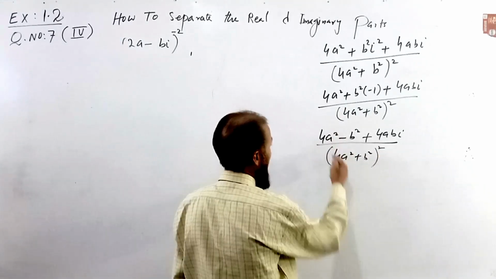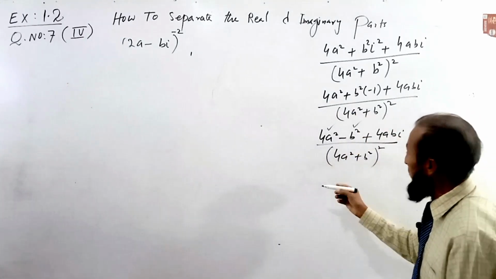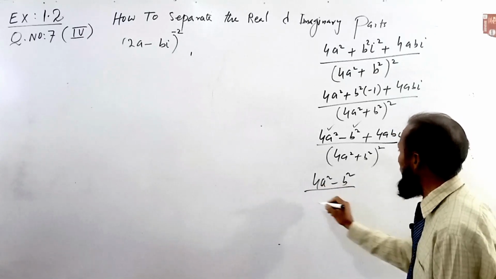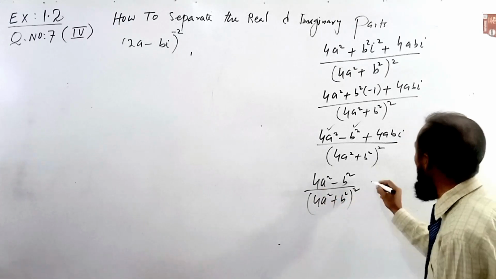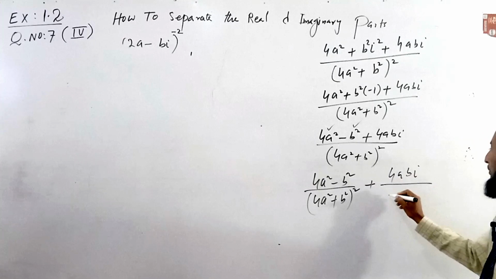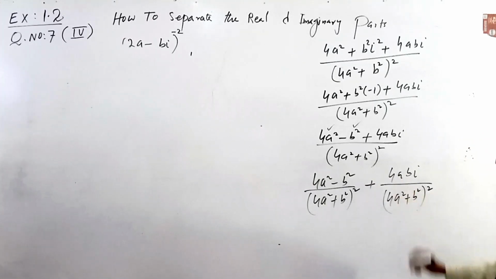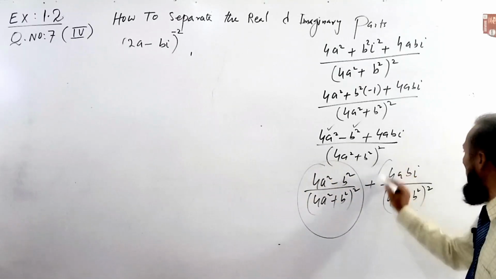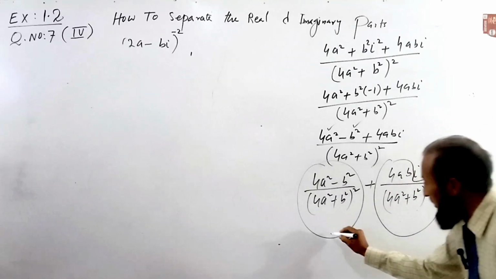Now we separate the real and imaginary parts. We can write together (4a square minus b square) divided by (4a square plus b square) whole square, plus 4abi divided by (4a square plus b square) whole square. So this is the real part, and 4ab is the imaginary part.